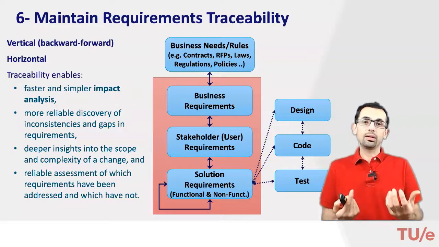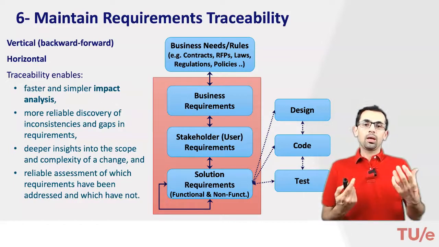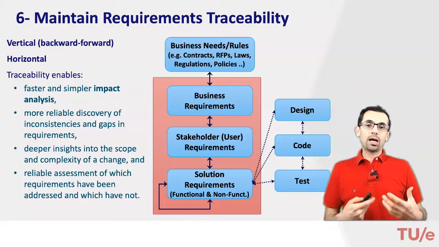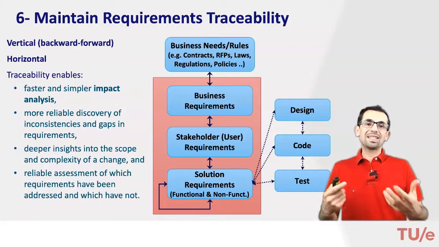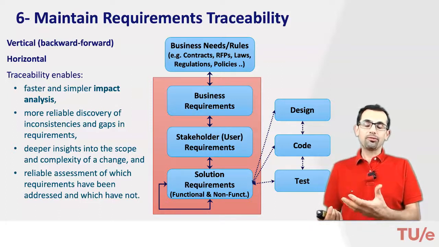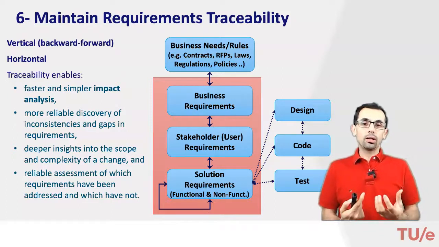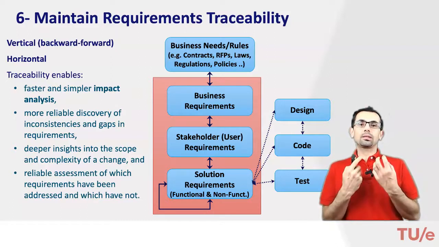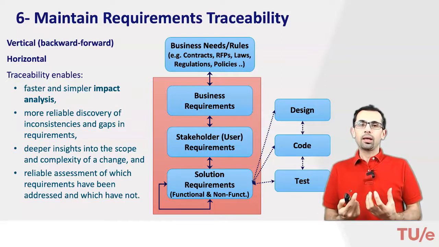That is very important. It allows us to have a more reliable discovery of inconsistencies and gaps in the requirements, something that I haven't mentioned in previous videos. It also allows us to understand whether we are complete. It helps us for completeness, in fact. How?